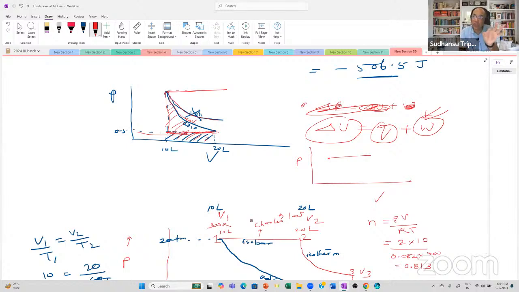Each process will start from the same initial pressure. In this case, pressure will remain constant. In these three cases, the pressure will change. And in this case, volume will remain constant. And in these three cases, the volume will also change.